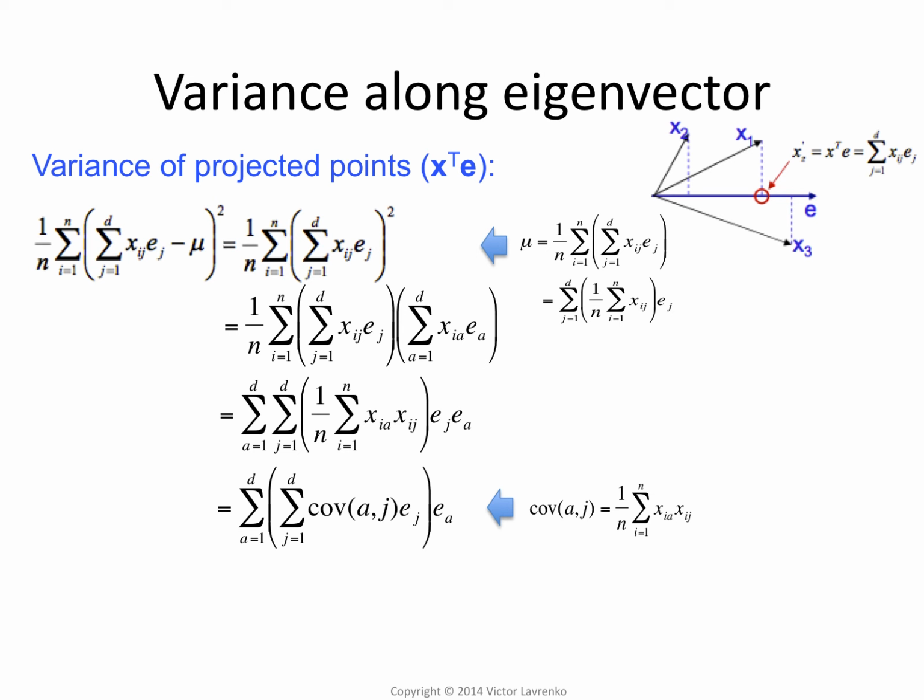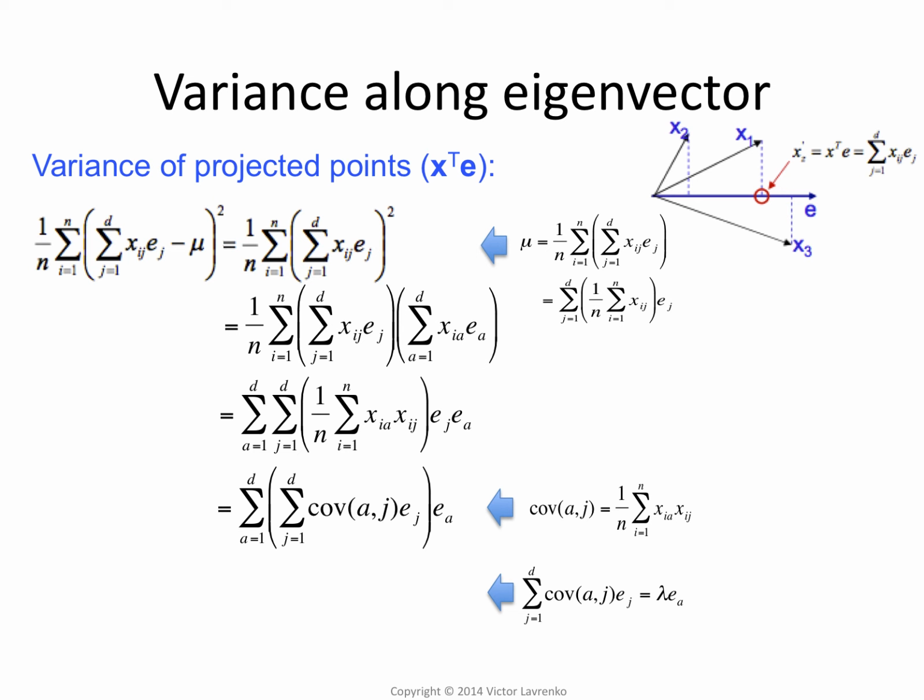When you multiply an eigenvector by the covariance matrix, you get the eigenvector back. So multiplying it by the ath row of the covariance matrix gets you back just the ath component of your eigenvector multiplied by the corresponding eigenvalue. That's the property of eigenvalues and eigenvectors from the previous slide.